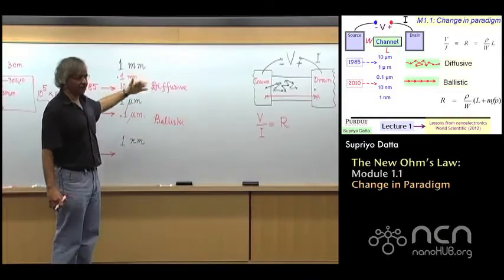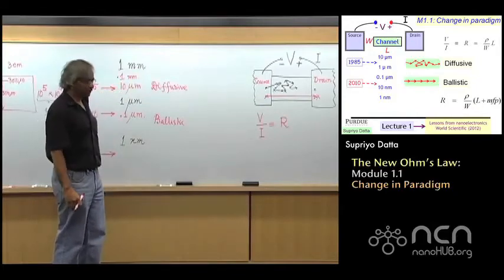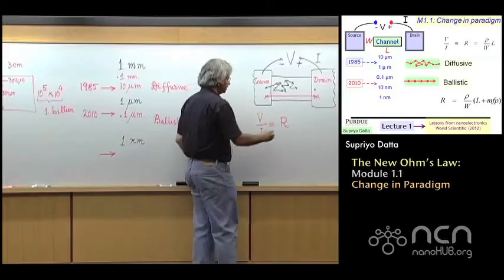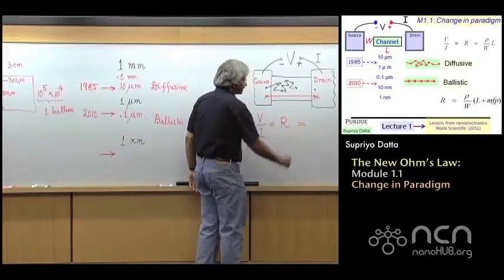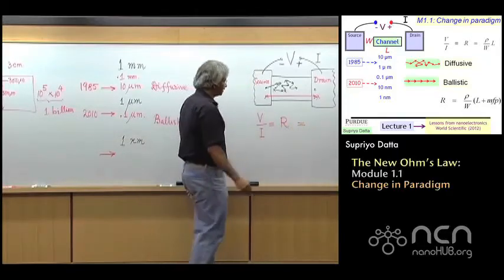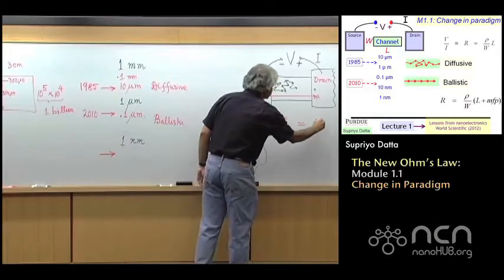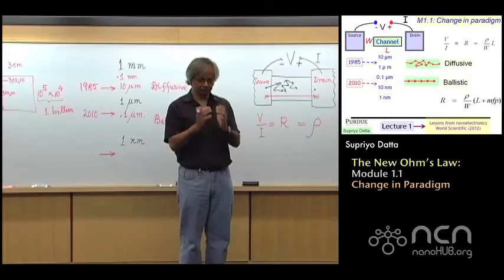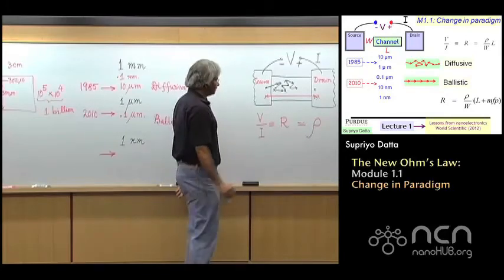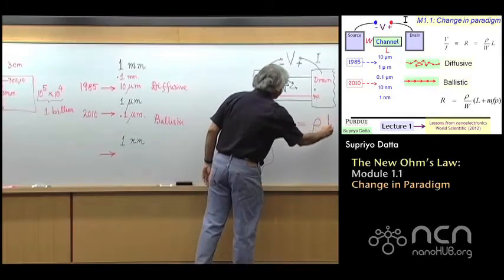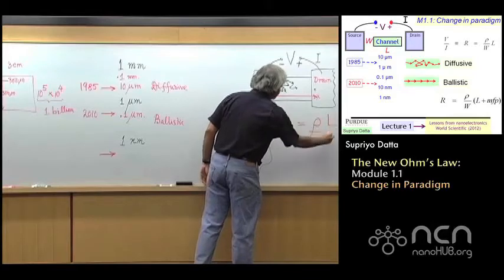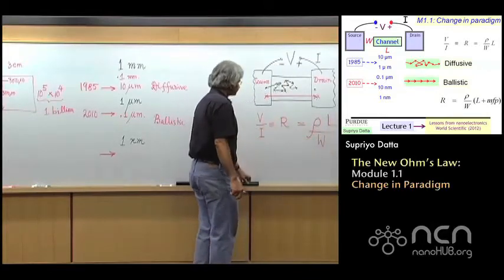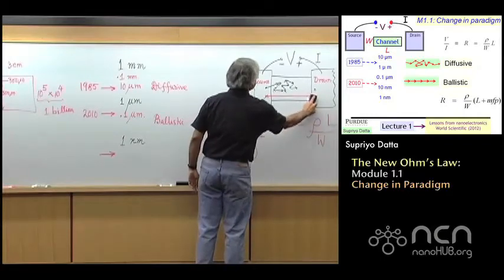And based on that, there was this general experimental observation that resistance can be written in the form of something called the resistivity, which is a property of the material of the channel, times the length of the channel divided by the width. So let me take this off.